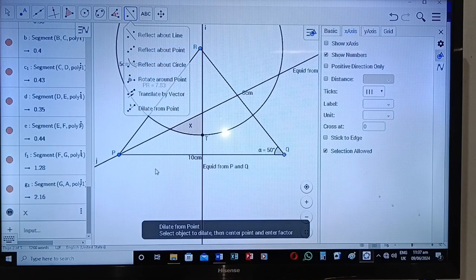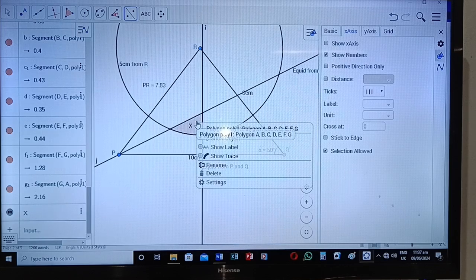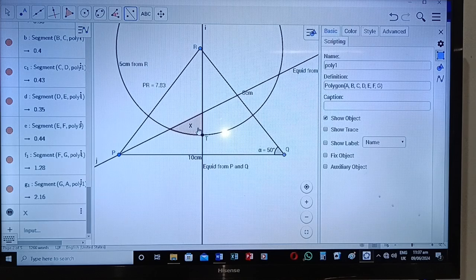Basically, GeoGebra is very helpful, because whenever we stop practicing for a day or two, we tend to forget everything that we might have learned. I almost also forgot how to change this color here.